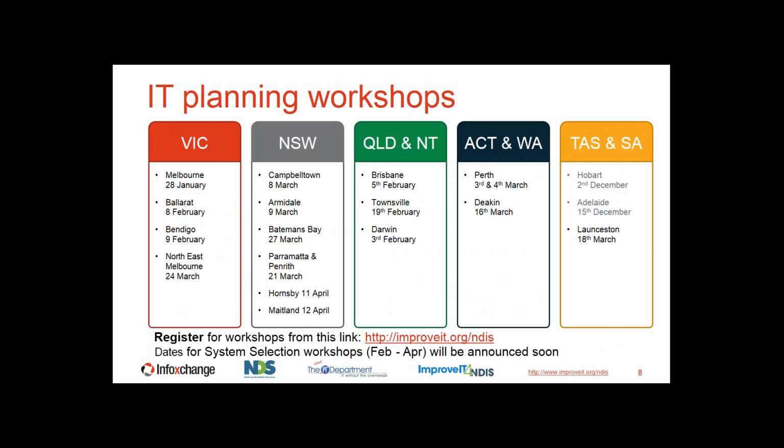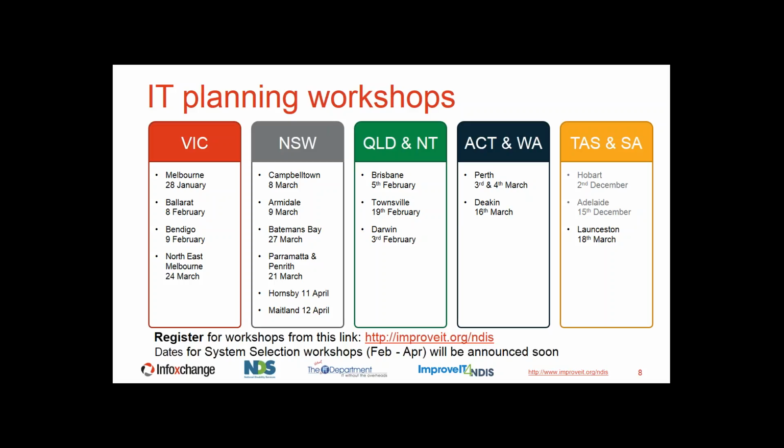You can see on this slide 8, each of the IT planning workshops across Victoria, New South Wales, Queensland, the Northern Territory, ACT, WA, Tassie and South Australia. Each of the workshop dates are now set, and we're really looking forward to the next series of workshops that are coming up.